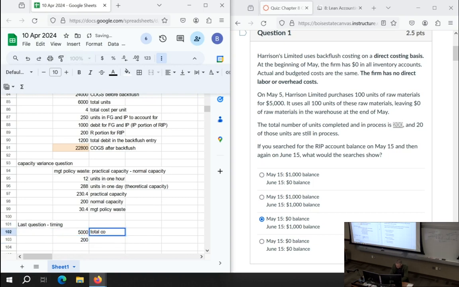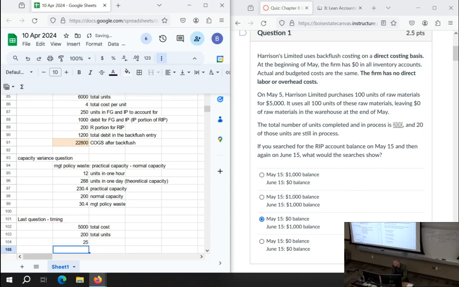This is total cost, and this is total units, excuse me. And so that's our total cost per unit.